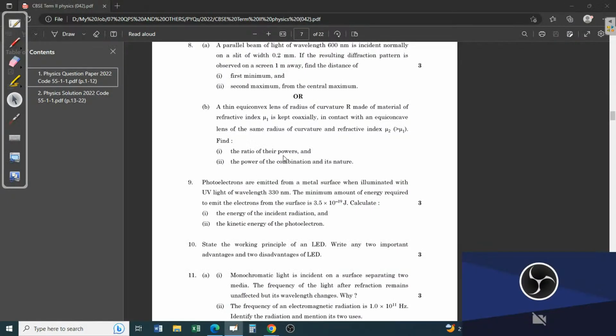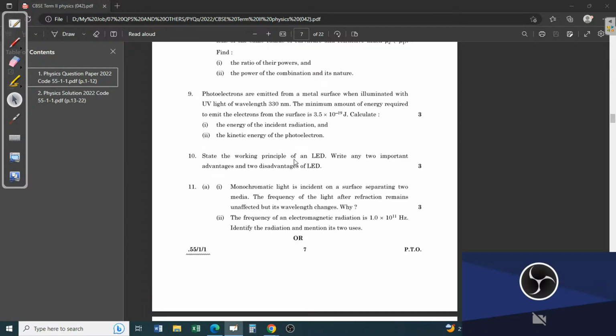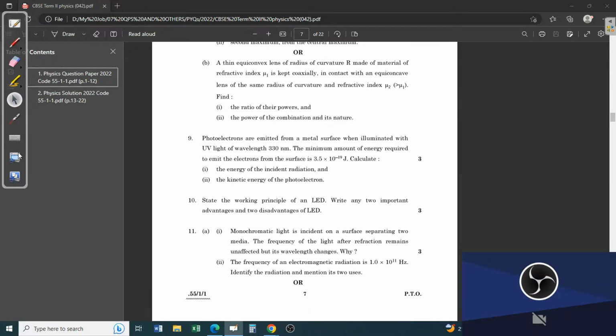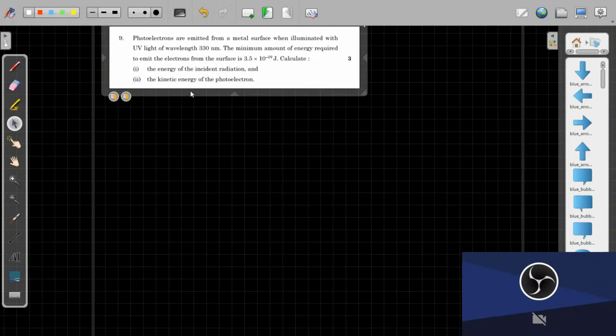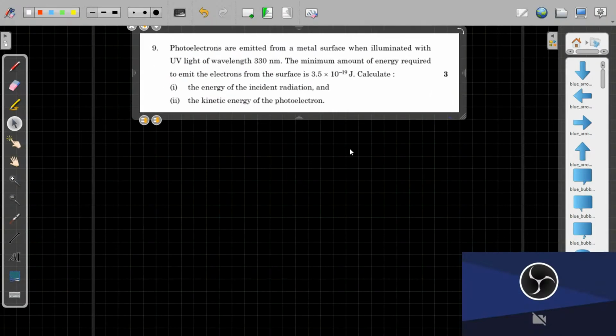Finish. Let's see now. Question number 9. The photoelectrons are emitted from a metal surface when illuminated with UV light of wavelength 330 nm.